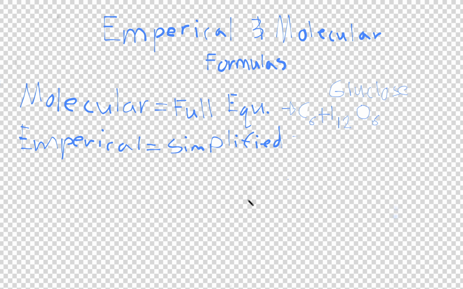Looking at these numbers, 6, 12, and 6, it can be easily found that a common factor of all of these numbers is 6. So for the empirical, or simplified, version of this equation, if we take 6 out of each, we'll have C, then H2, and then O.